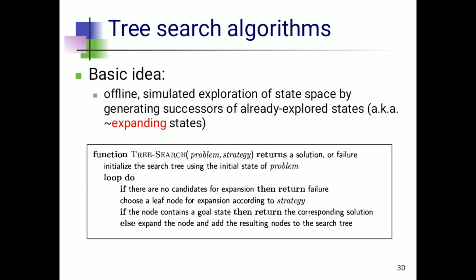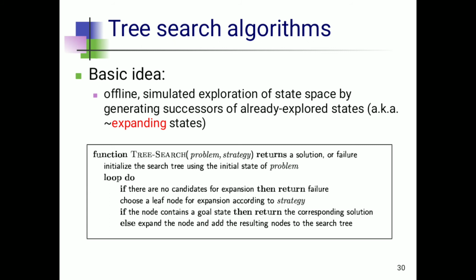Initialize the search tree using the initial state of the problem. So we always start from the initial state of the problem. Then we do this in a recursive manner, therefore it is represented as a loop. What are the rules? If there are no candidates for expansion, then return failure.